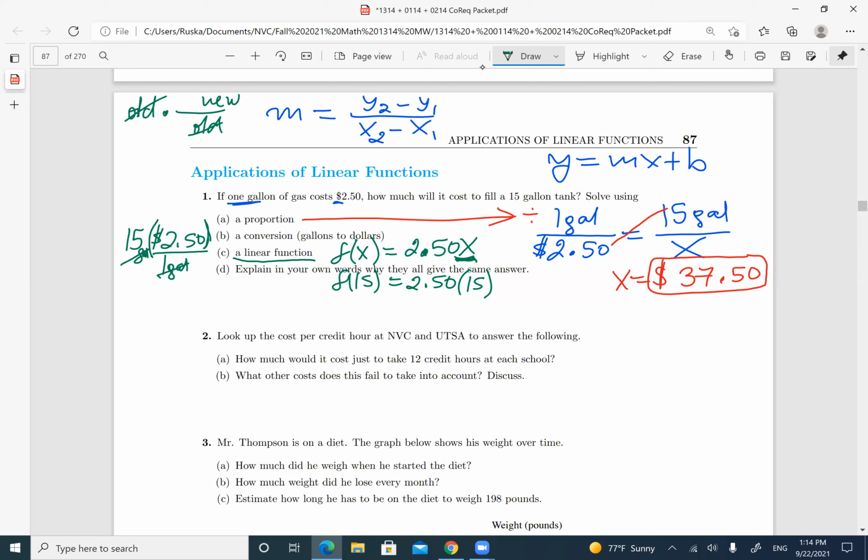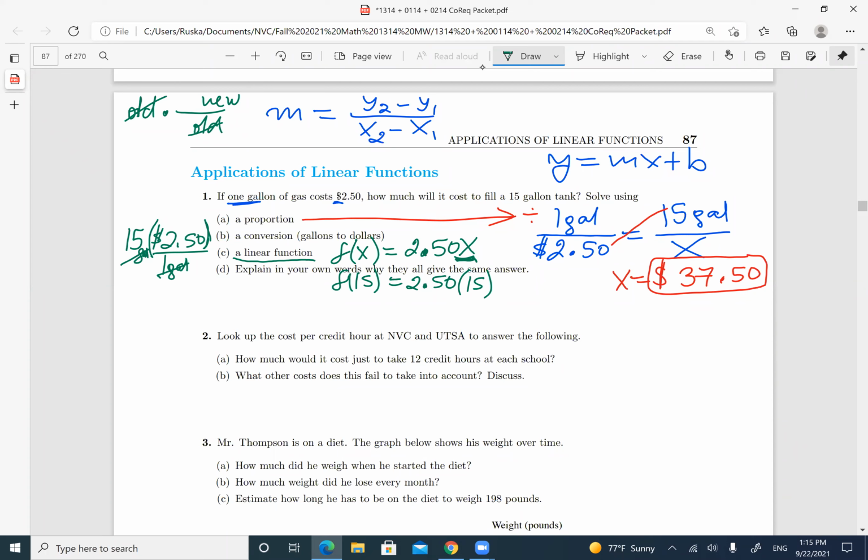Because all these different approaches change gallons to dollar amount using the same proportion, the same unit rate. When you do a proportion, you're also consistent with the units. And if you do a linear function, you also set up the linear equation using the rate. The slope is 250. So all of those give you the same answer because you're doing it correctly in all of these different ways of solving. Okay, make sense?